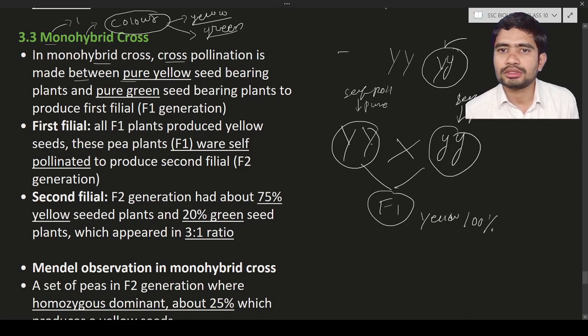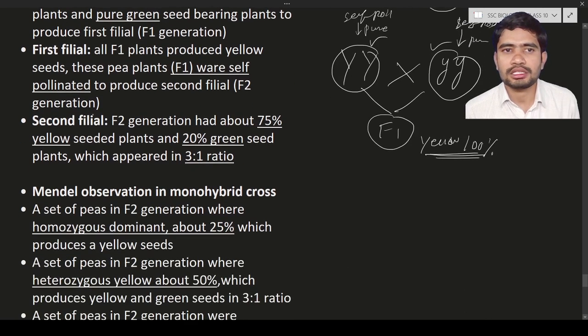Why? Because here one is dominant and the other is recessive. We will discuss dominant and recessive in the upcoming lectures. In the F1 generation all were yellow only. Here this is the green and this is the yellow, but in all the seeds you can see yellow color only.